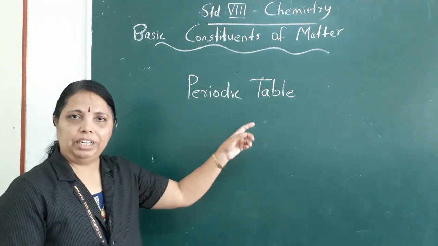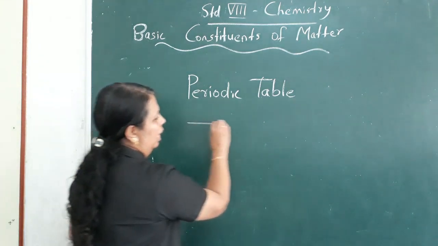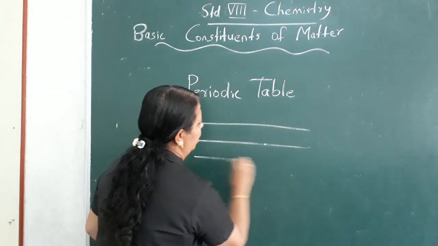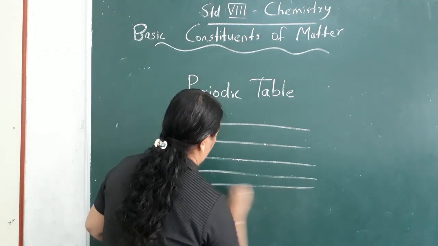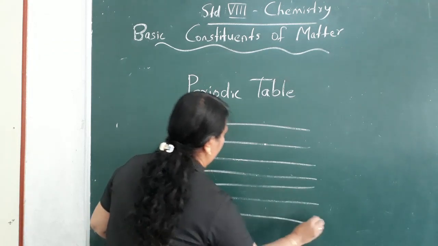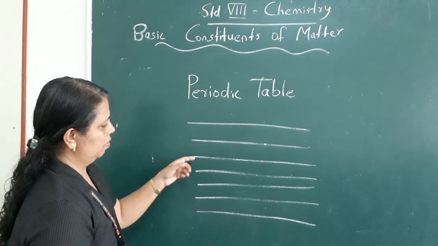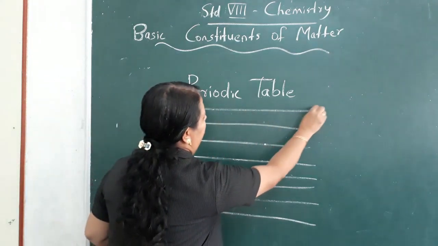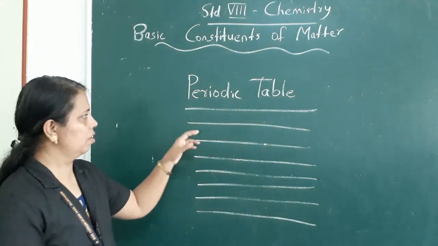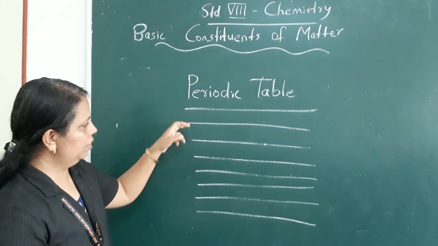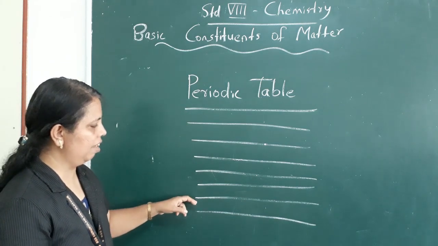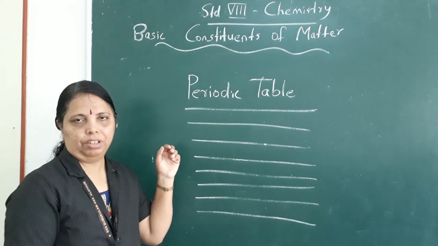Now, in the periodic table, like this, horizontally there are 7 rows. These are called rows. How many rows are there? 1, 2, 3, 4, 5, 6, 7. 7 rows are there. Okay?